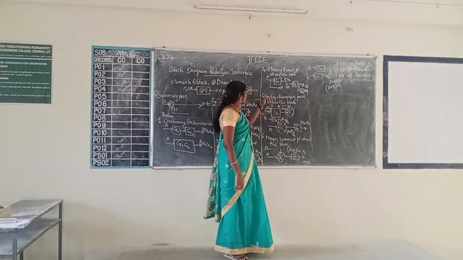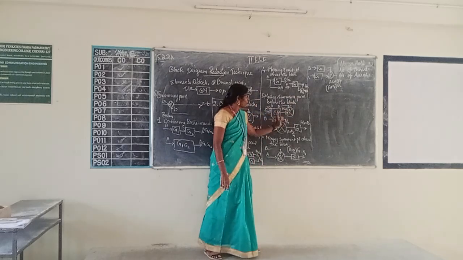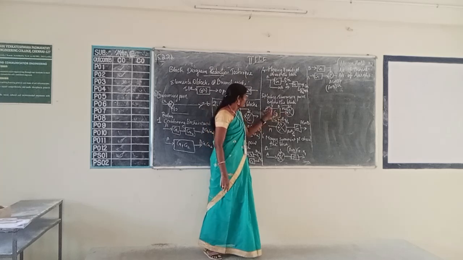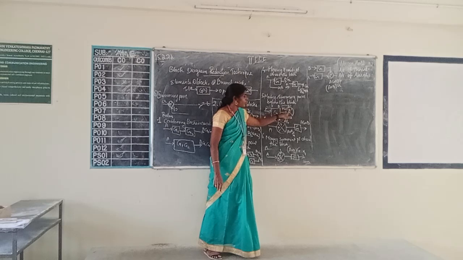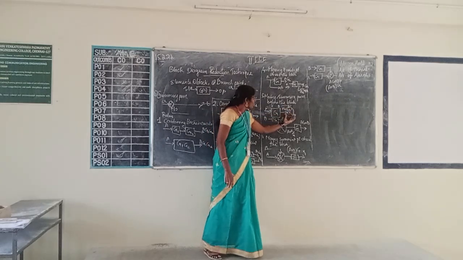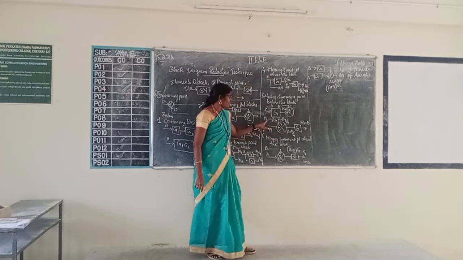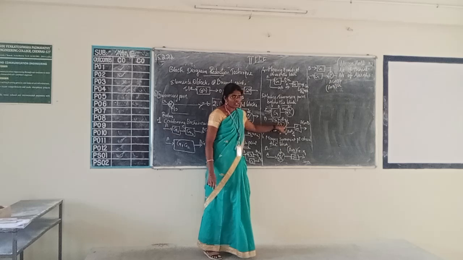Okay. Next, moving the summing point before the block. If there is a summing point after the block, this is a block, AG is here, AG is here. A is the input to G, so AG is the output here. Here I am giving B as input. I have to move the summing point over the block. How are we doing it? I give B into 1 by G, so the output will be B by G here.